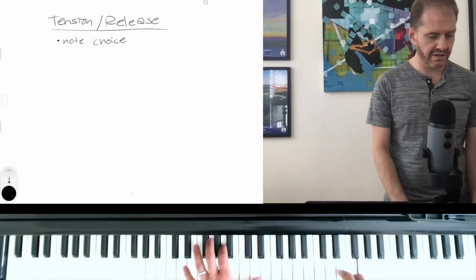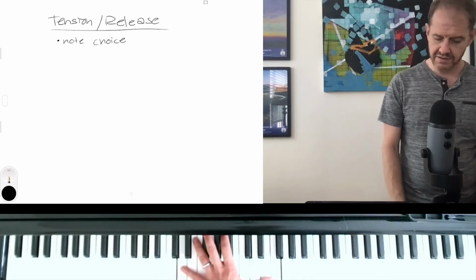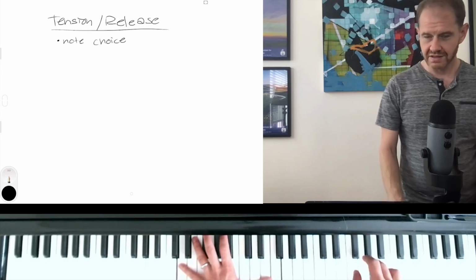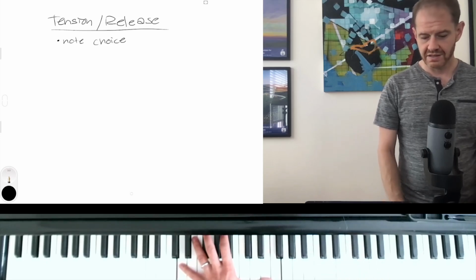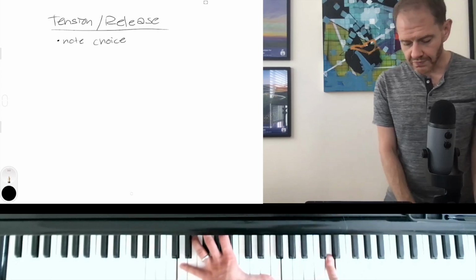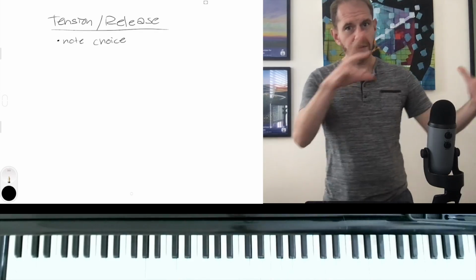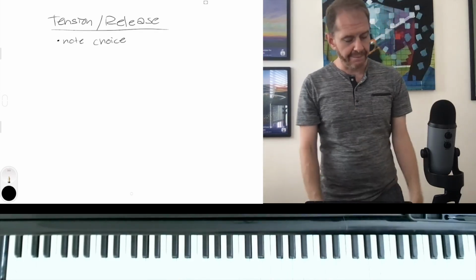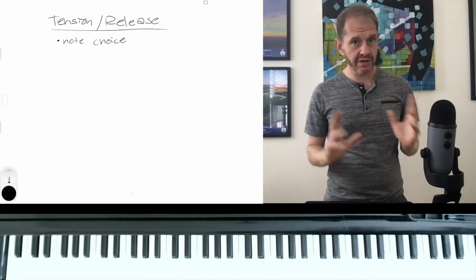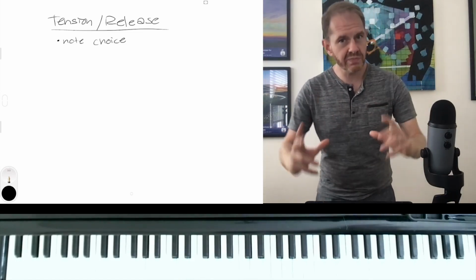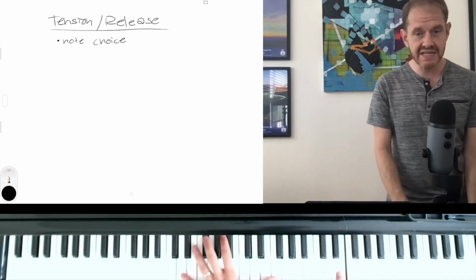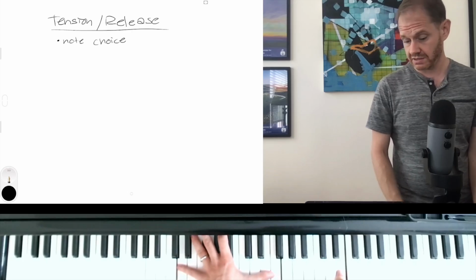Okay, so there I'm aiming for the root, I'm going away from it and then coming back. I could do the same thing with any note of that scale though, and I bet you're still going to feel not maybe as much rest, but that same sense that we're feeling tension or release. So now I'm going to aim for E at the end of each phrase.